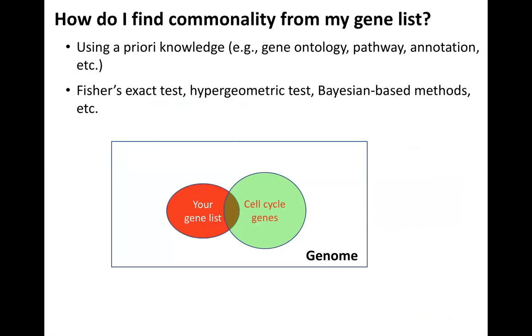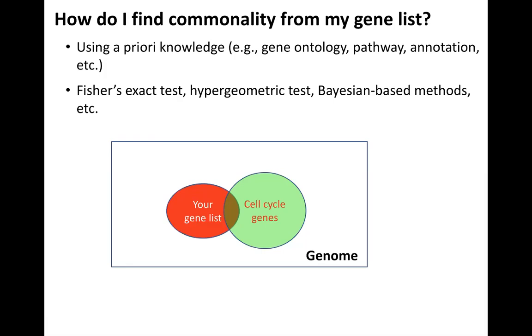For example, if you have a list of genes, maybe 50 of them, and you noticed that there seem to be quite a few genes related to the cell cycle, more than commonly.